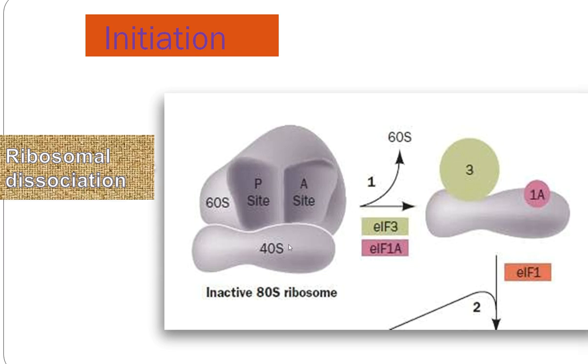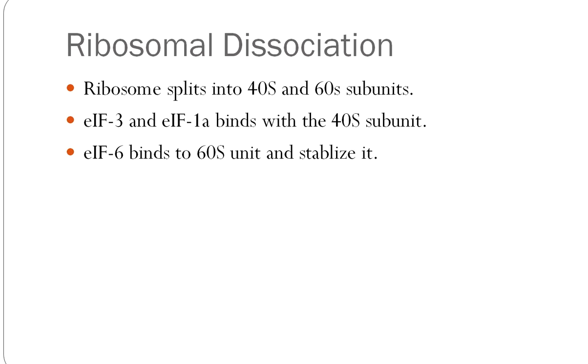It has 60S and 40S subunits. The ribosome splits into the smaller 40S subunit and the larger 60S subunit. eIF3 and eIF1A bind to the 40S subunit and stabilize it, and eIF6 binds to the 60S subunit and stabilizes it.